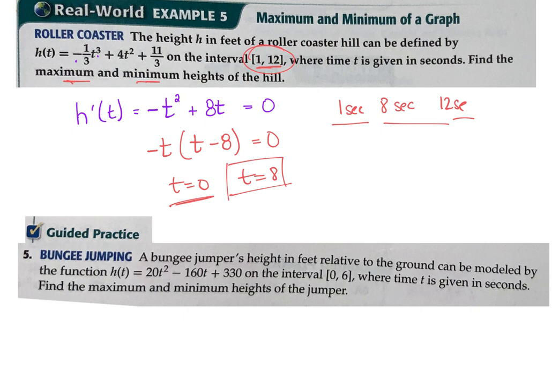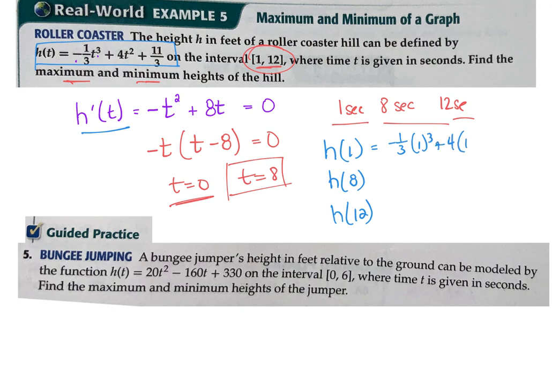And so what we're going to do is go back to our original equation and plug in those values. We want h of 1, h of 8, and h of 12. So we go all the way back up here and plug it in. We're going to say negative 1/3 times 1 cubed, plus 4 times 1 squared, plus 11/3.